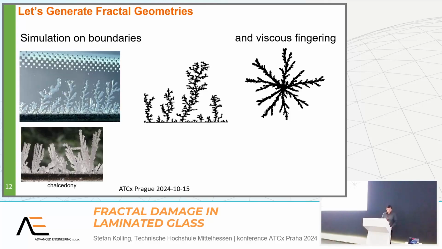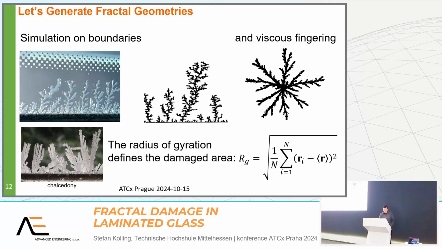And by the way, viscous fingering can also be simulated. So the radius of gyration defines then the damaged area, and with this damaged area you can simplify this model to a 1 minus d damage.